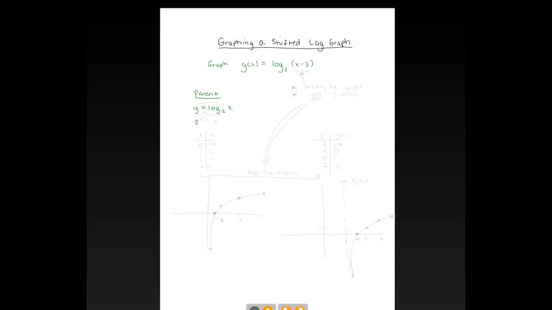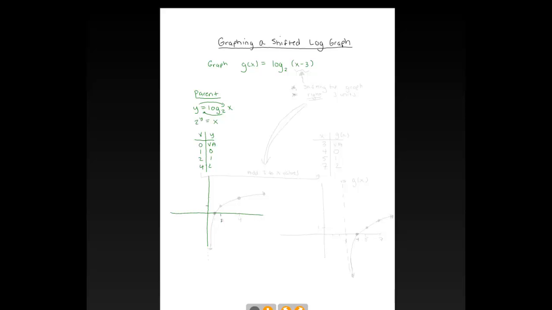So remember what we did was we wrote it as 2 to the y equals x, because that's the definition of logs. And we made the table. So I'll just jot down the values in the table from the last video. And we had our picture.